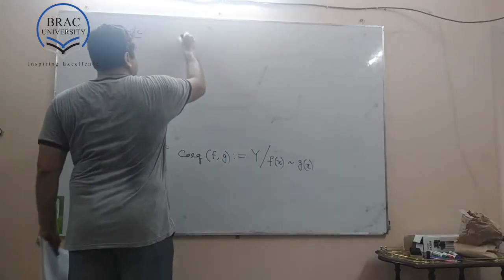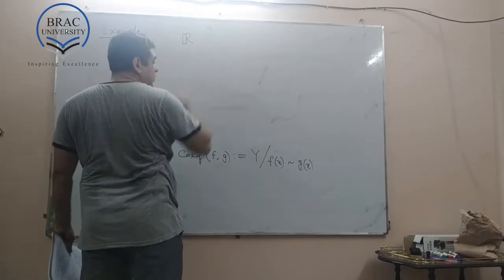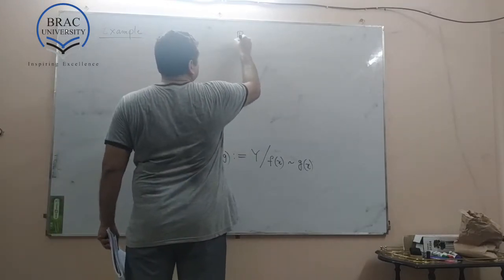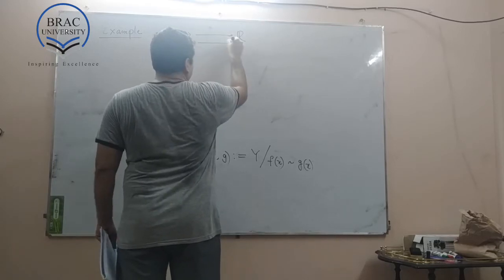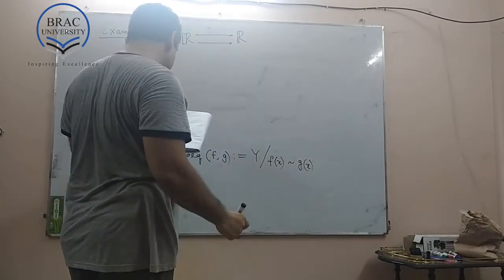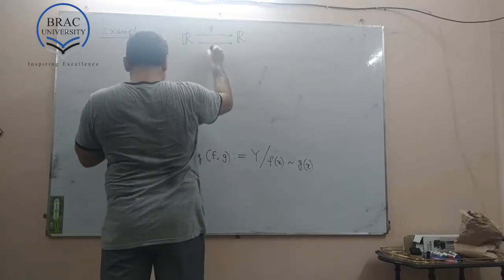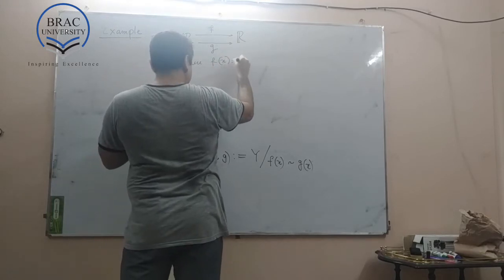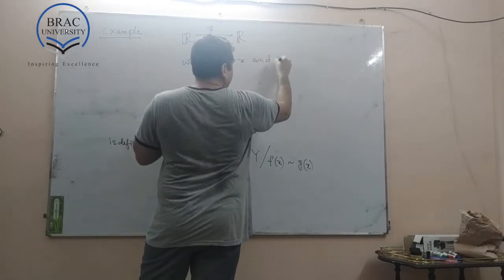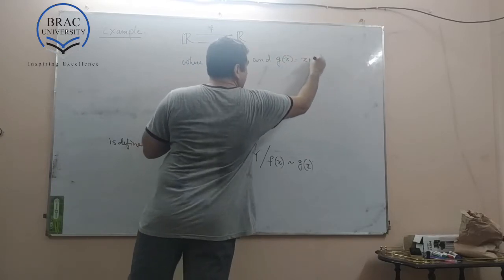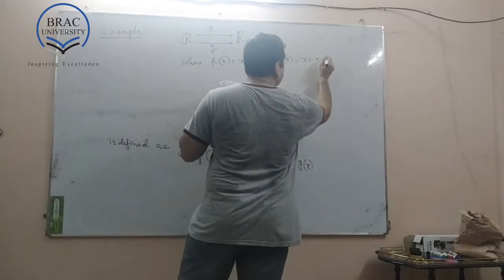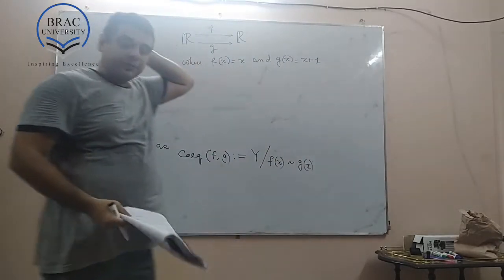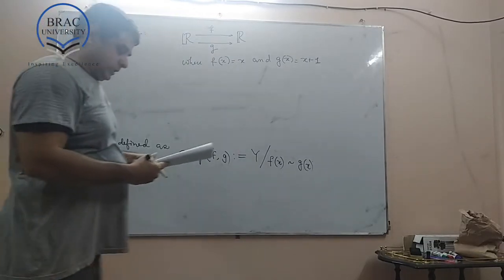So in this example, both x and y are R. There are parallel arrows which are denoted by f and g, where f of x is equal to x and g of x is equal to x plus 1. I need to know what the coequalizer of these two functions is.